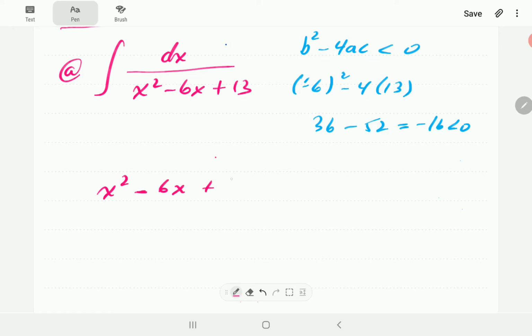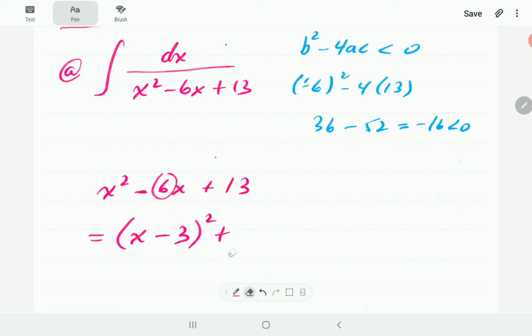In completing the square, all we do is write the first two terms. We bring this sign down here, so it's going to be x minus half of this number here, which is the coefficient of x, and then squared.